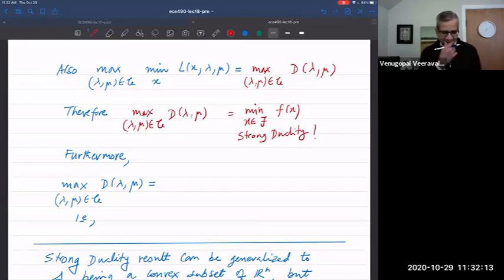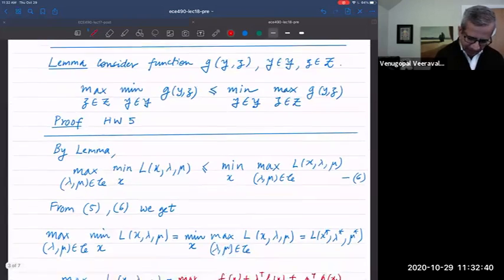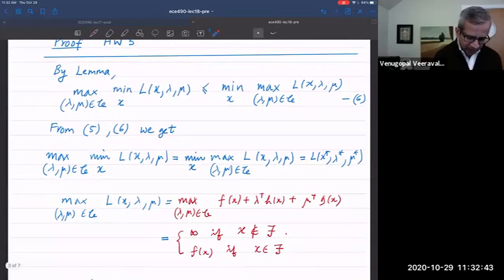Okay, the other little piece that we need to finish this argument is what that saddle point corresponds to. We saw this already, right? So this max of the d of lambda mu is this.